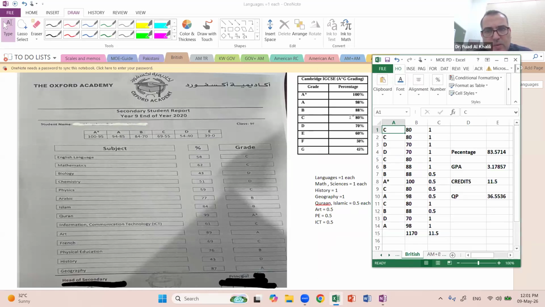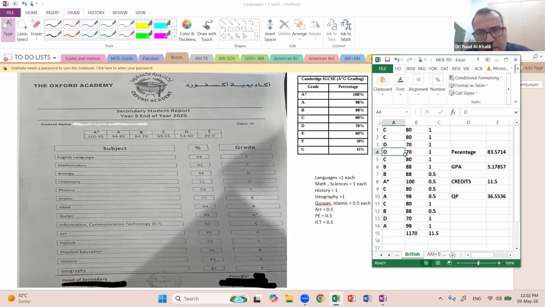C is 80 according to this scale. Now, we ignore the middle one, which is the grades from this school. We take the letter grade and we transfer it according to the ministry scale. The ministry has its own scale for the British system. The C is 80. Then another C with 80, then a D. He got D in biology. This is 70 according to the scale.